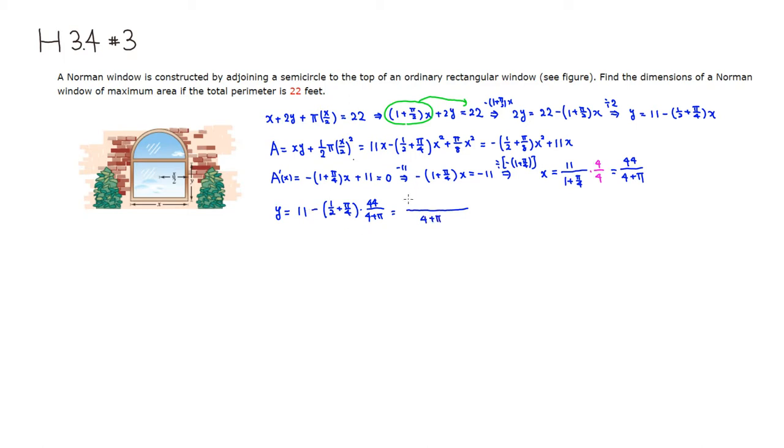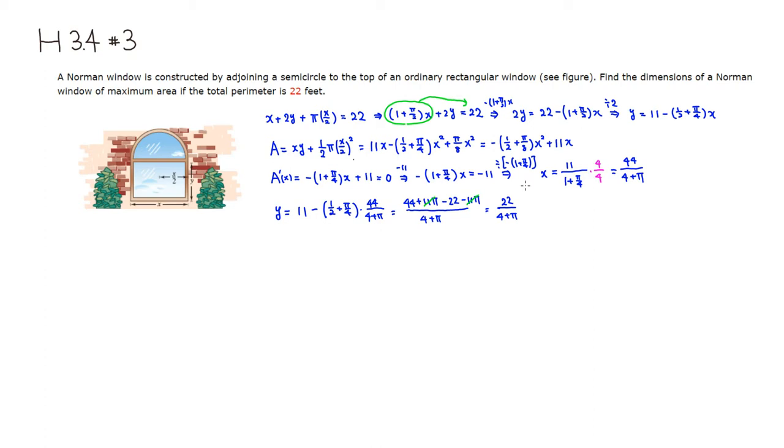So 11 is going to be 44 plus 11 pi. You're subtracting 44 times 1/2, negative 22. And then pi over 4 times 44 is going to be minus 11 pi. So you can cancel 11 pi minus 11 pi, and this will give you 22 over 4 plus pi.